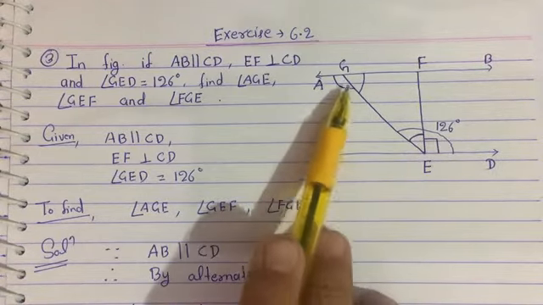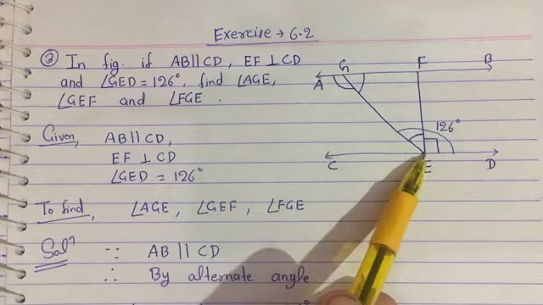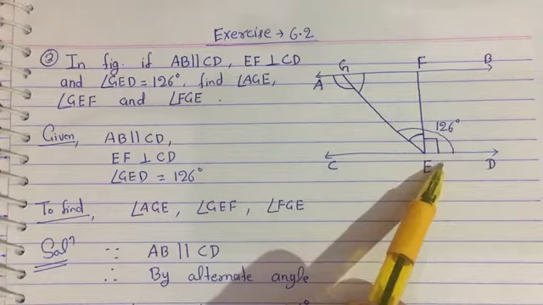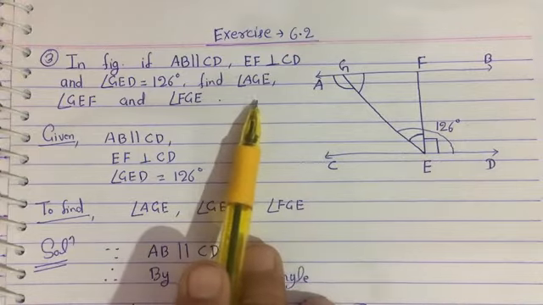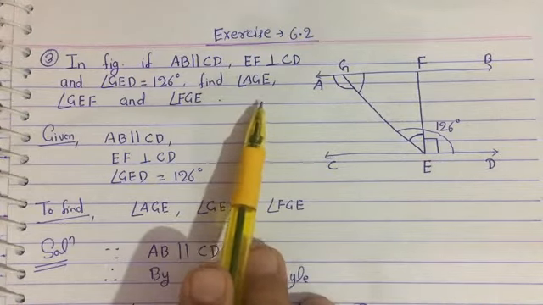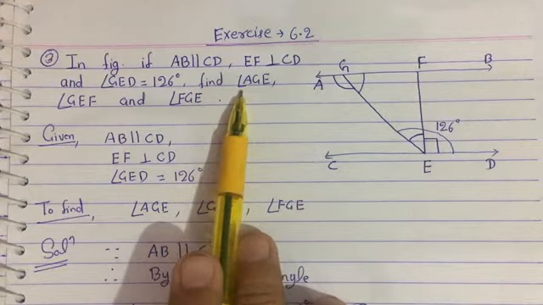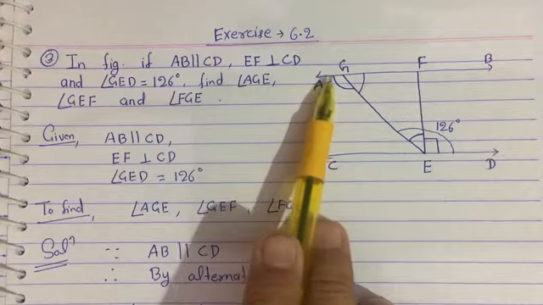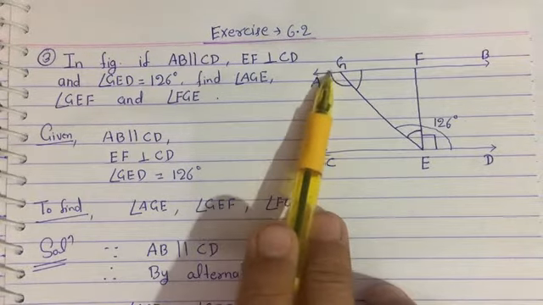Next, it is given that this whole angle is 126 degrees. The name of this angle is angle GED. This whole angle is 126 degrees. We have to find angle AGE. Where is angle AGE? Angle AGE means this angle.